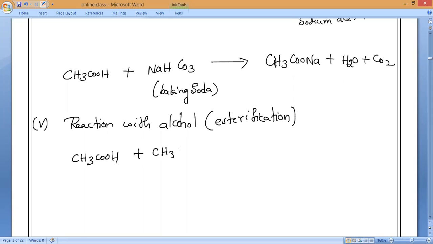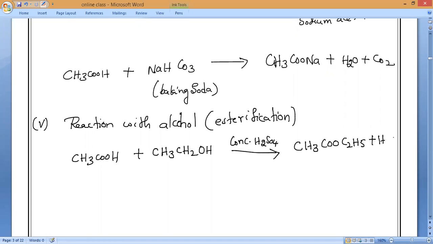Ethanol, CH3CH2OH, in the presence of concentrated sulfuric acid. It will form something acetate: CH3COOC2H5 plus water.